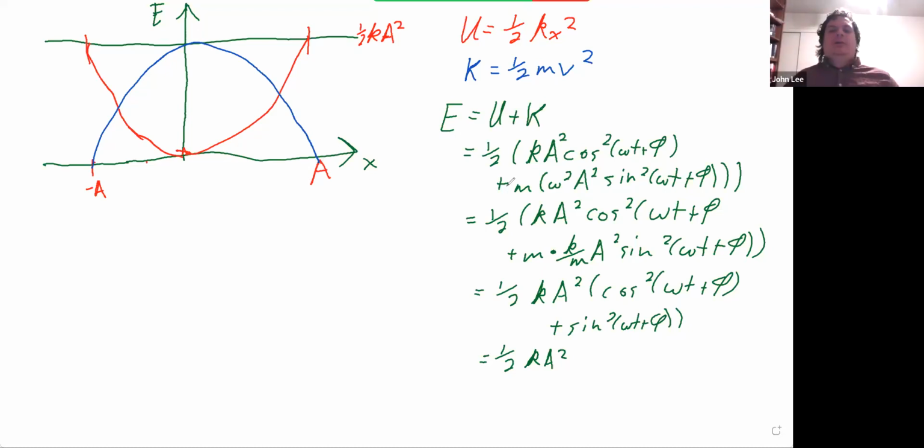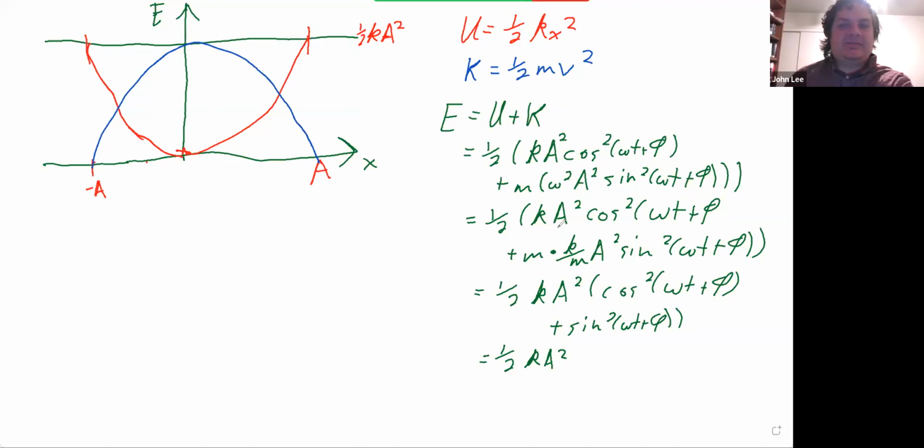And then the total energy equals U plus K is equal to 1/2 Ka squared cosine squared omega t plus phi, which is just 1/2 kx squared, plus m times omega squared a squared sine squared omega t plus phi, which is 1/2 mv squared.